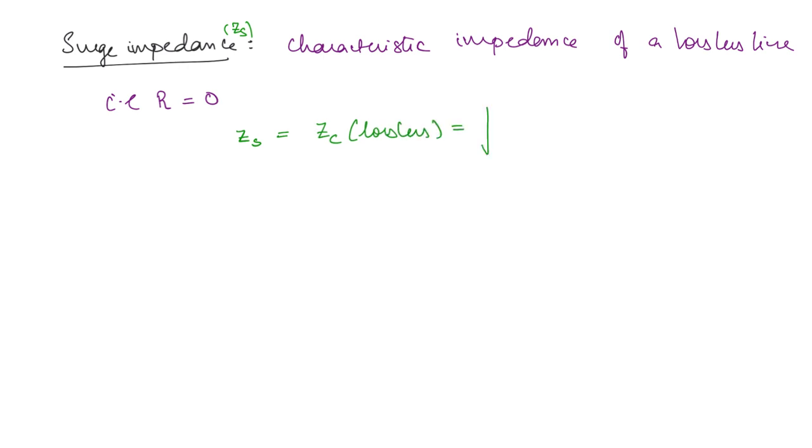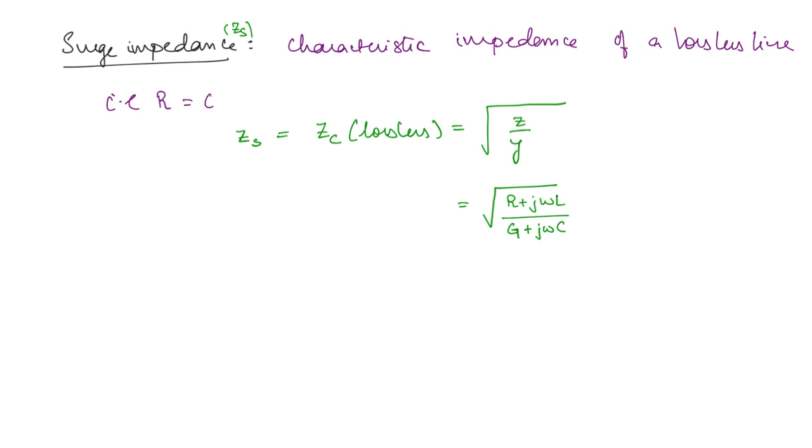So this you can write as, this was what we discussed, root over Z by Y. Now Z you can write as R plus j omega L, and Y you can write as, you can take the conductance as well, G plus j omega C. So here you can include the conductance as well.